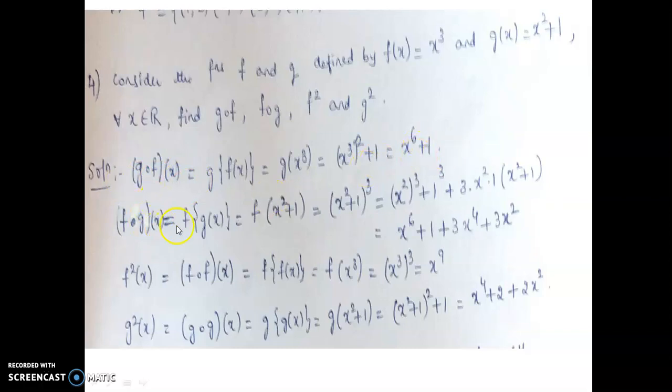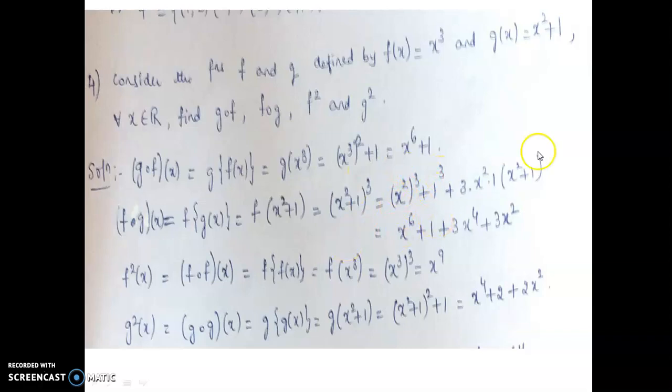Now f of g of x. So, simplification of g of x: g of x is x square plus 1. Next, this comes to be f of x, and f of x is x cube. So considering this as x, we get x square plus 1 raised to 3.